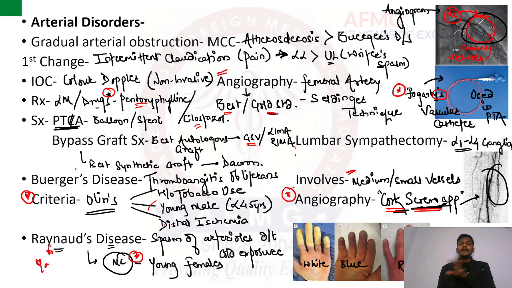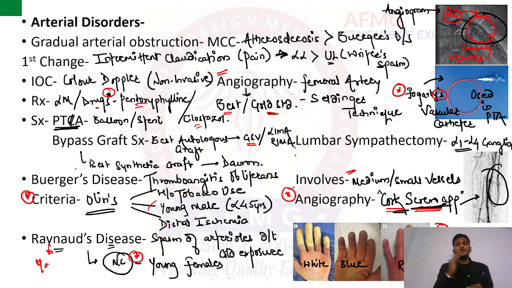In Raynaud's disease, as soon as the female immerses her hands in cold water, there would be a sequence of color changes, usually seen in the fingers, known as Raynaud's phenomenon.